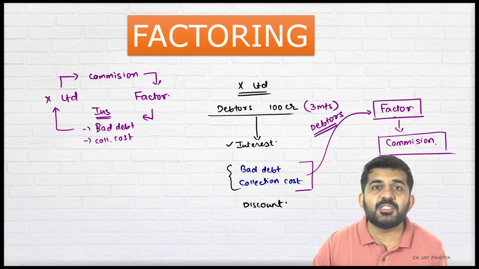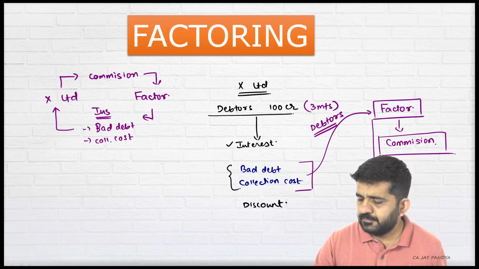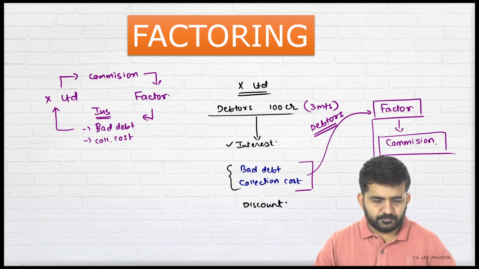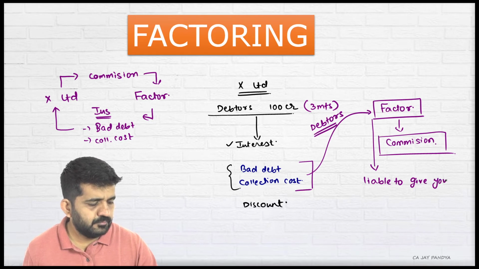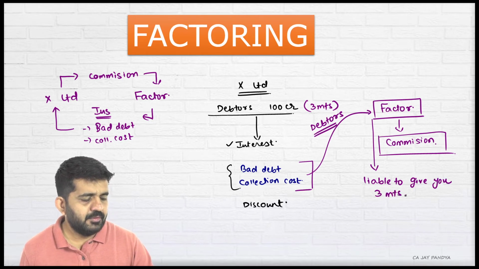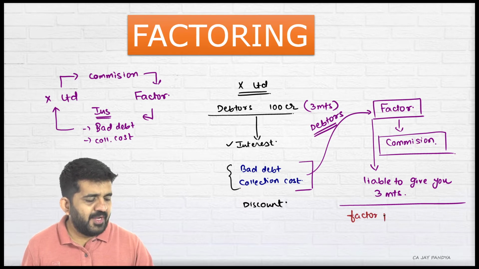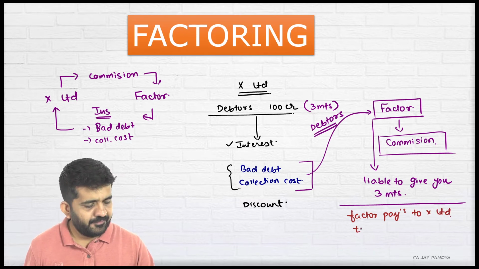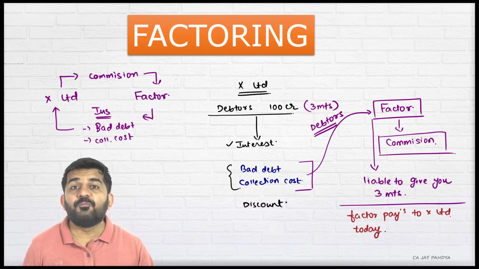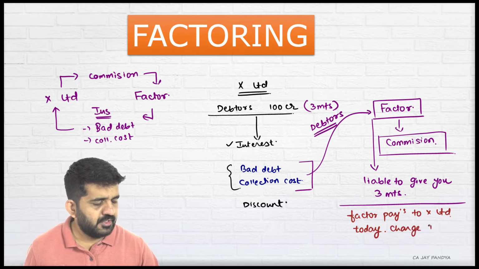So when the factor was liable to give you this 100 crore rupees after 3 months, what the factor does instead is pay X Limited today, and of course as they are paying you early, they will charge interest.